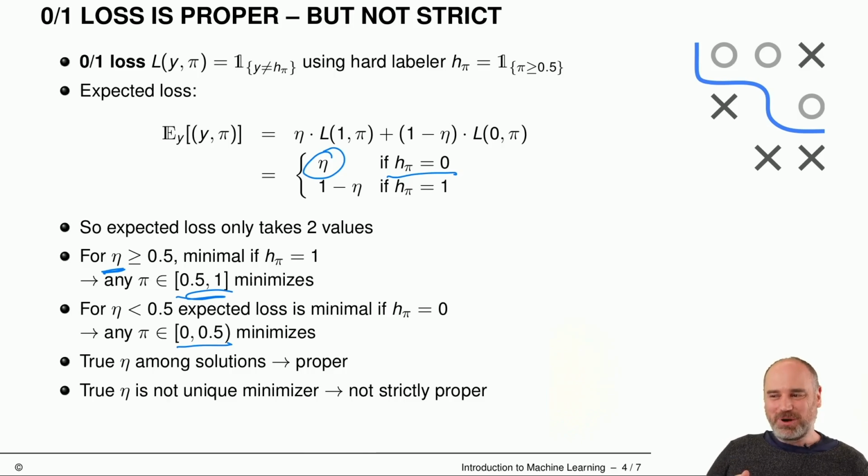So we're not super happy about this. We are partially happy because it is a proper scoring rule, but it's not strictly proper. I guess I've explained it well enough. It kind of weighs too many different predictive distributions equally. As long as they are on the correct side of the threshold, on the correct side of 50%, I can't discriminate between them.